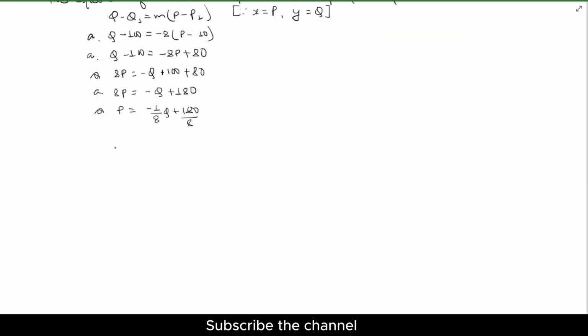This will be the equation, where price is in the form of p as a function of q.